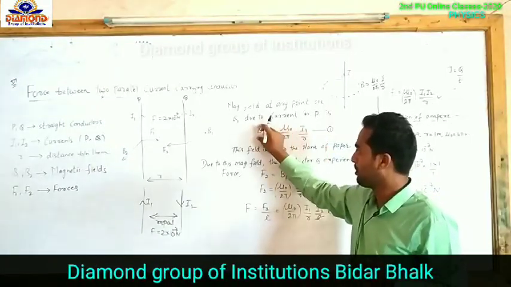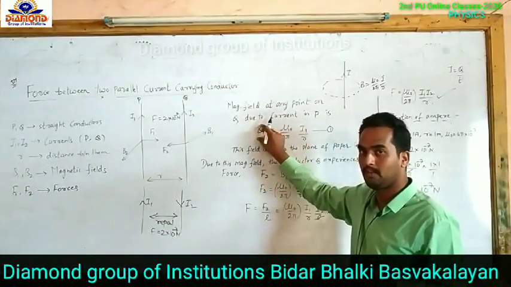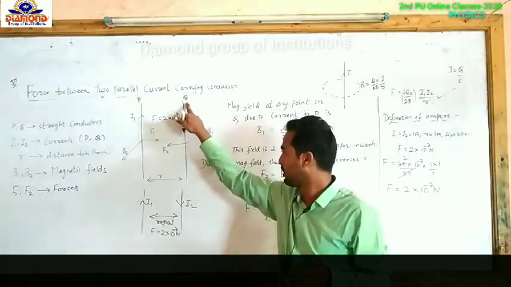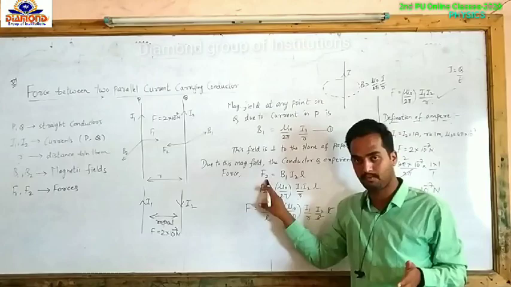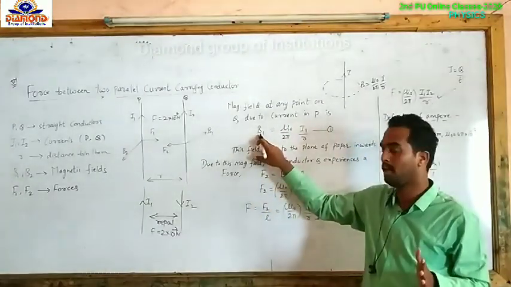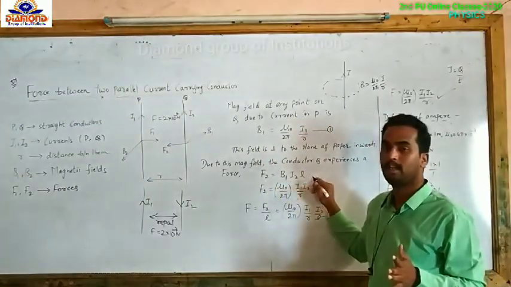Next, due to this magnetic field, a force is acting on the second conductor, that is Q. That mechanical force is given by F2. That force depends on the magnetic field first, the current second, and the length.